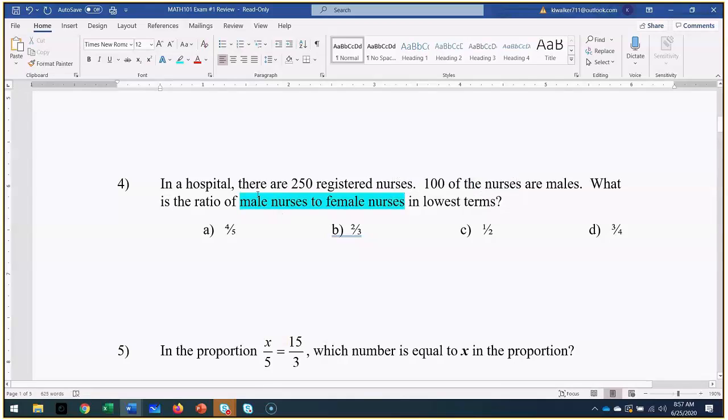In that order, male to female. And then they want it in lowest terms. So that's another thing. I saw a couple people on the quiz, whenever you took it in the last couple days, did not reduce that one question when they asked for lowest terms. So pay attention to that. They're going to try to trick you with stuff like that.